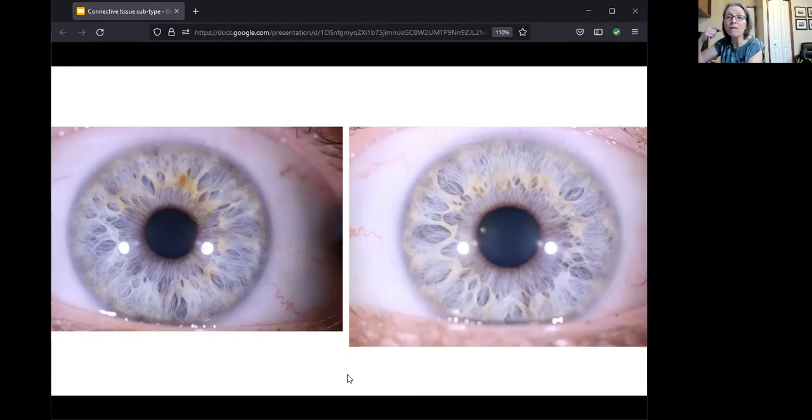Because snoring often is because the uvula, the little flap at the back of your throat, gets too lax and it can block the breathing passageways. And so if they are the connective tissue type, that uvula might get too relaxed at too young an age, and they might snore as a young child.